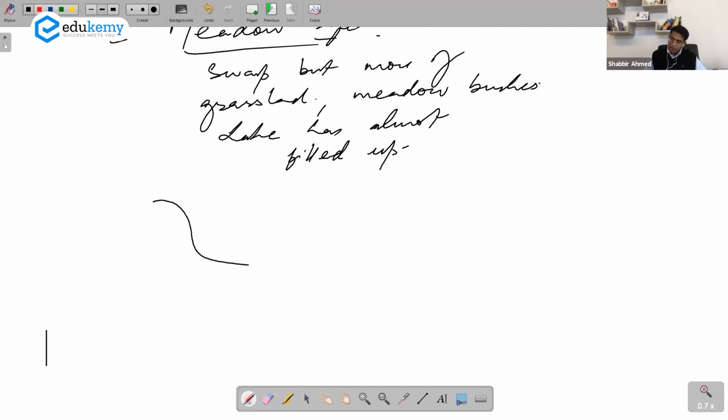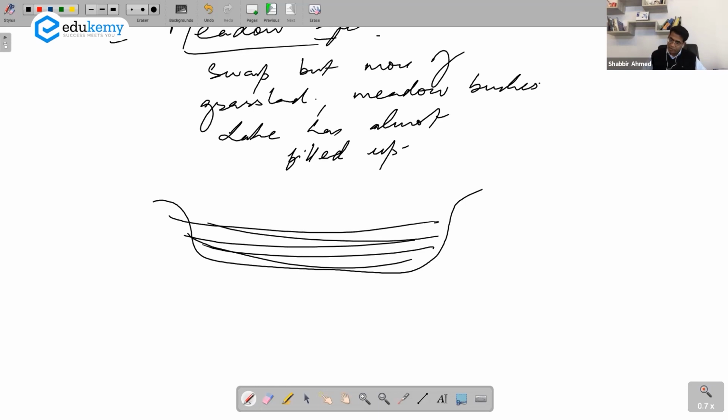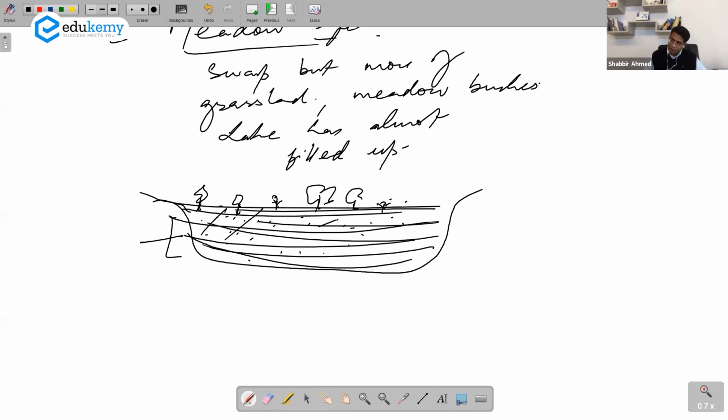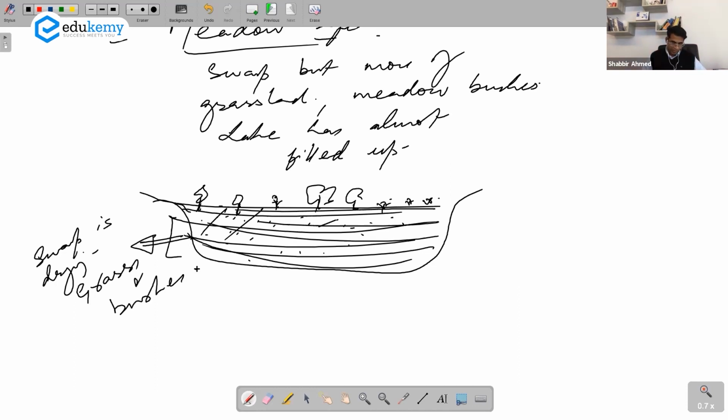So this was the lake. अब ये पूरा sedimentation में this has got filled up, and this can have some plants, some bushes. You'll have lot of grasses also. Swamp is drying. There are grasses and bushes.